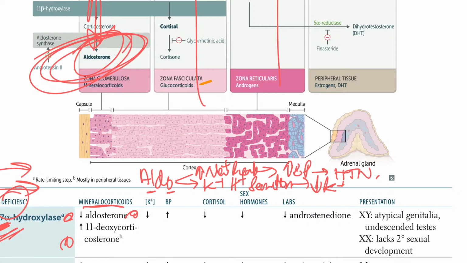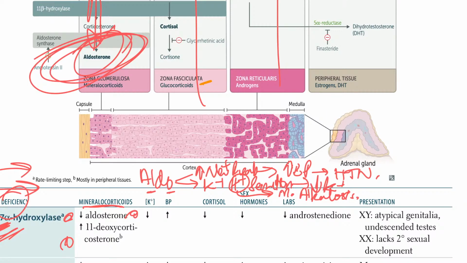And because it's also dumping your hydrogens, it's going to cause metabolic alkalosis. Metabolic because it's the kidneys, alkalosis because you're losing acid. That is just the normal physiology of aldosterone.